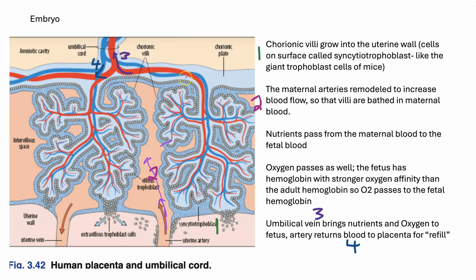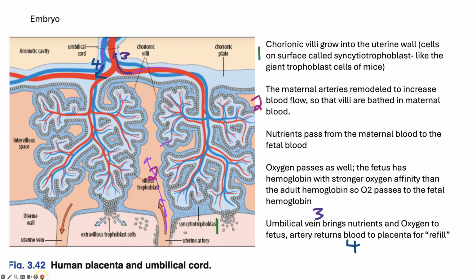So that umbilical vein is bringing that oxygenated and nutrient-rich blood into the embryo, feeds the embryo, provides oxygen for the cells and so on, and then the umbilical artery is bringing back the non-oxygenated, nutrient-poor blood to top up again the oxygen and the food so that it can be delivered again.